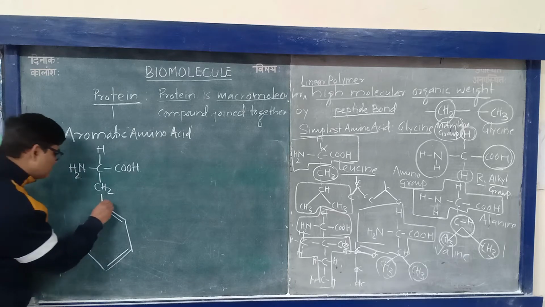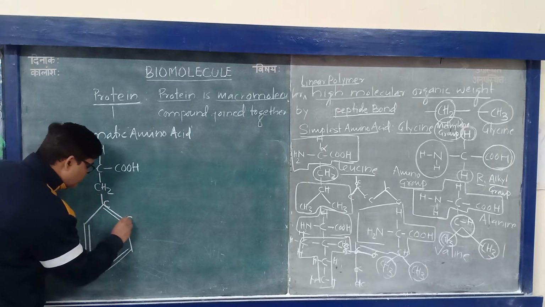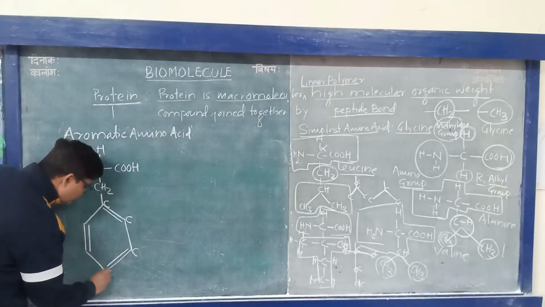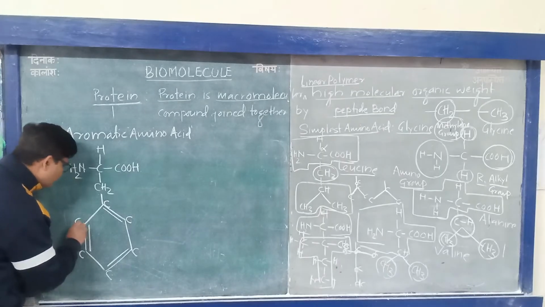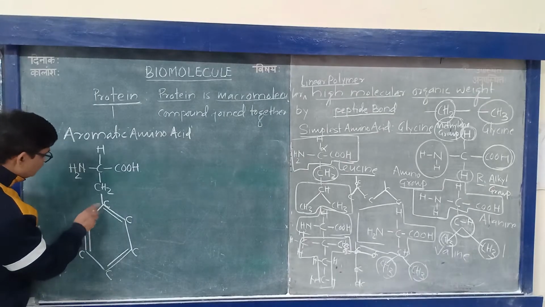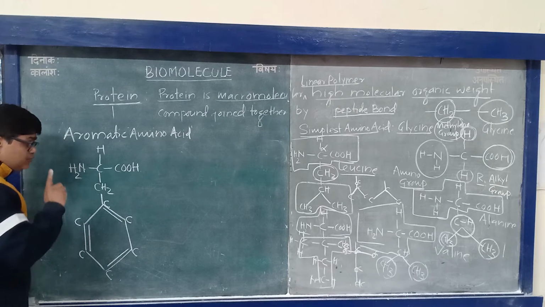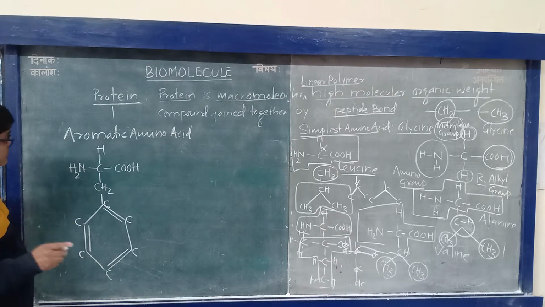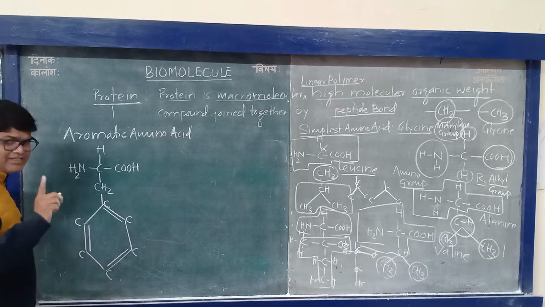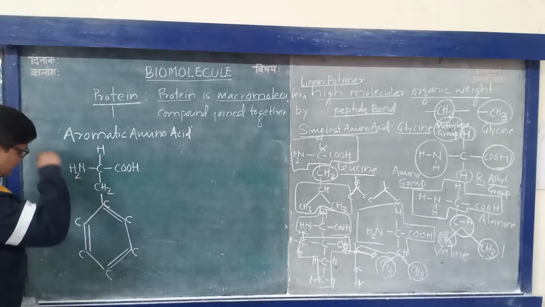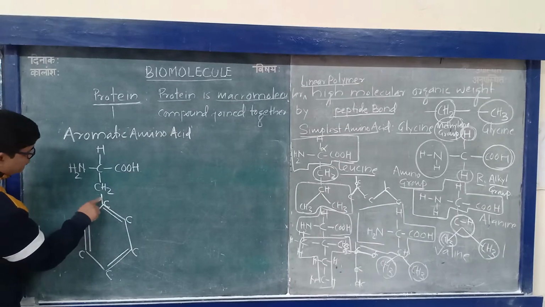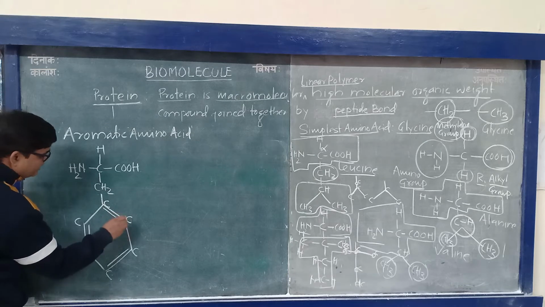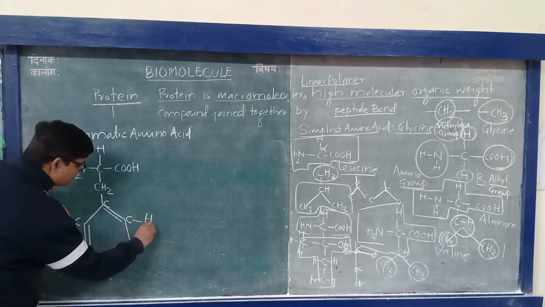What are the alternate double bonds? One carbon, one carbon, one carbon, one carbon, one carbon, one carbon. If you are drawing any chemical structure, you must see whether the carbon valence is fulfilled or not. In this case you will find 1, 2, 3, 4. So it is correct. 1, 2, 3. So you have to fill with hydrogen.